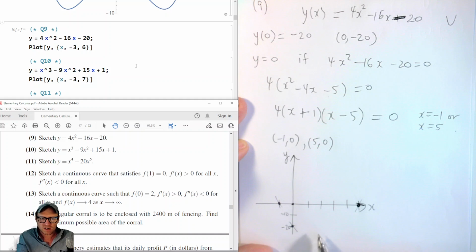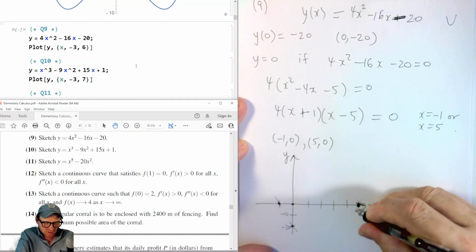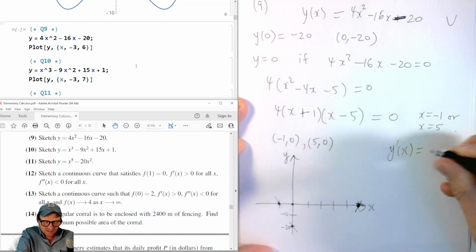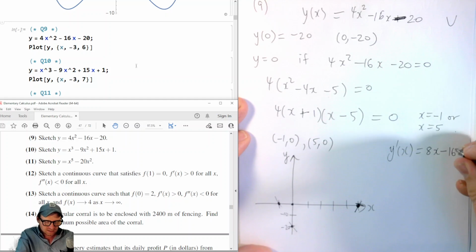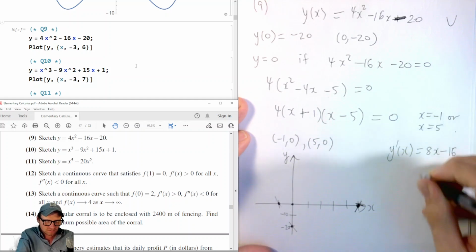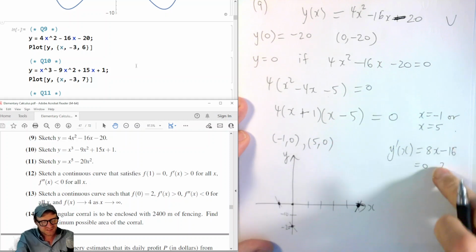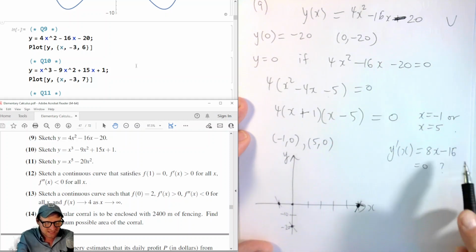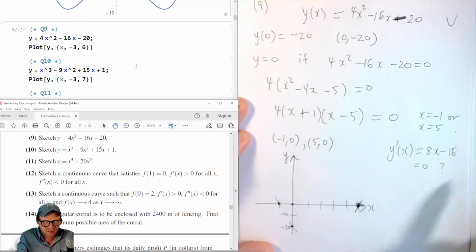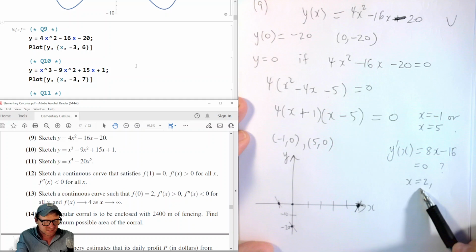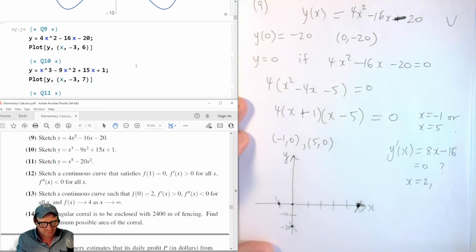Now we need to know where the bottom is so that we can sketch this properly. So y dash of x is equal to 8x minus 16. Now where is this equal to 0? Let's solve this equation right here. Well, clearly we take the 16 over to the right-hand side and divide by 8, and we get x equal to 2. And when x is equal to 2, what's the y value?